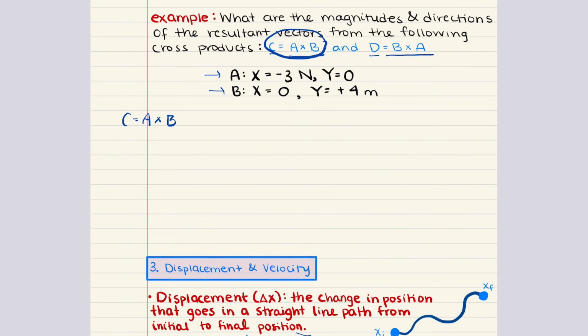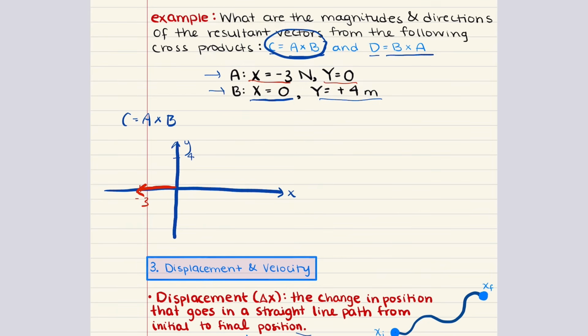The first thing that we want to do is go ahead and draw our vectors on a graph. So here's our x-axis, here's our y-axis. And A, we're told, has an x component of -3 and a y component of 0. So vector A looks something like this. As for vector B, we're told that it has an x component of 0 and a y component of +4.